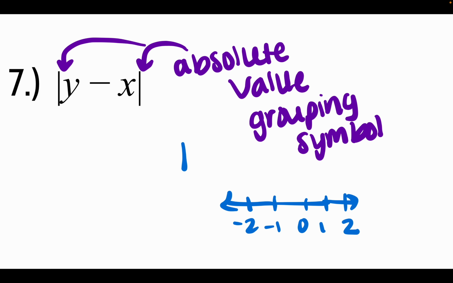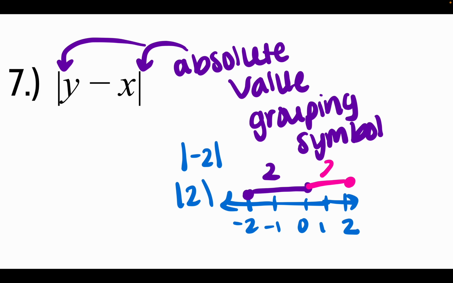The absolute value of -2 means the distance -2 is from 0. So distance is 2. The absolute value of 2 means the distance +2 is from 0. So that's also 2. So basically what absolute value is finding the distance from 0. So all it does is make those numbers, those values positive, okay?